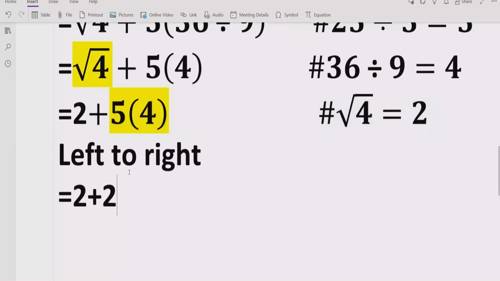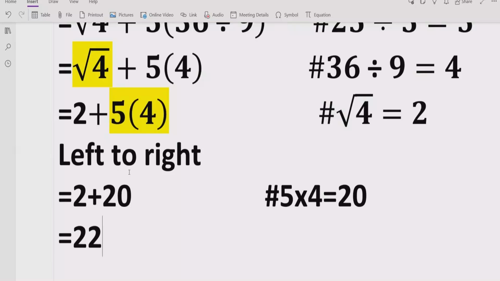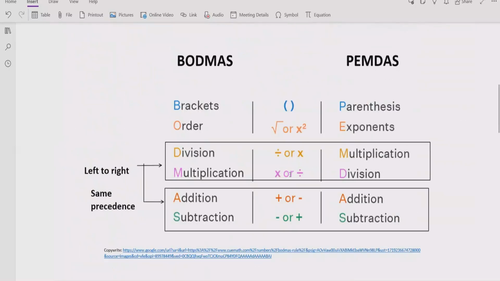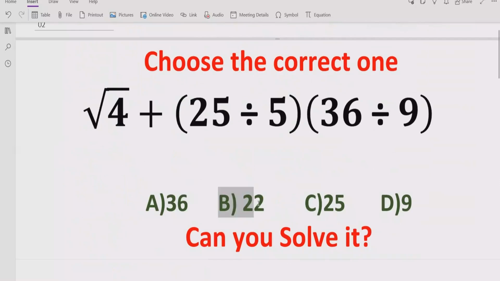So 5 times 4 is 20, and here we will give the reference: 5 multiplied by 4 equals 20. And now we have two terms which are adding each other, which is 20 plus 2. So the answer is 22. So the answer of the given expression is 22. If you see the answer list, answer B is the correct answer of this expression.